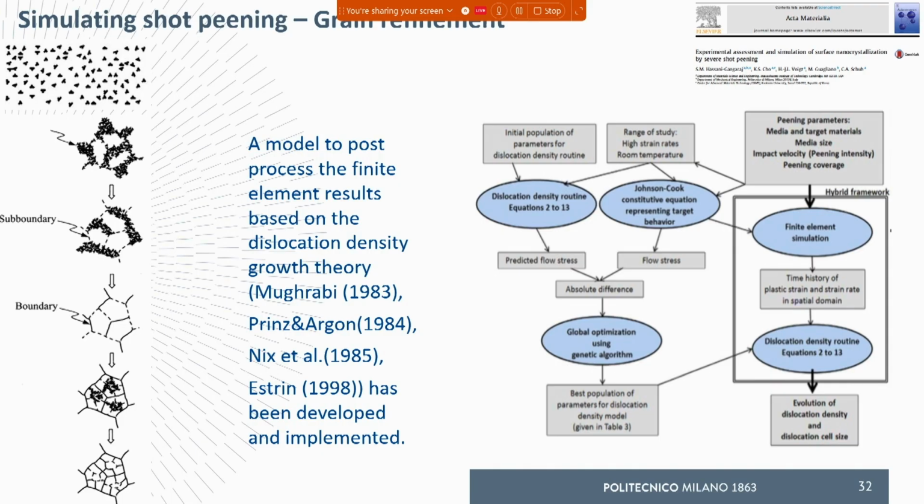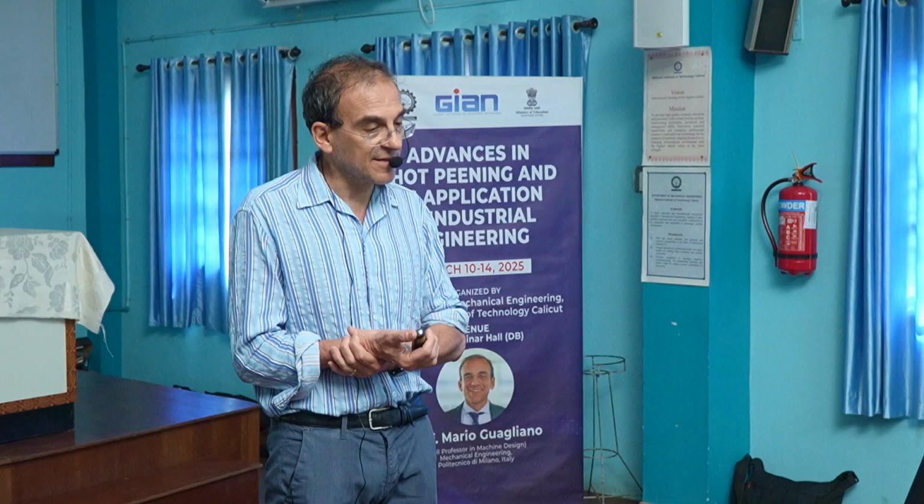The finite element result gives us the total plastic deformation. Mixing the total plastic deformation coming from the finite element with the dislocation density, we are able to have an estimation of the crystallite size and then the grains.